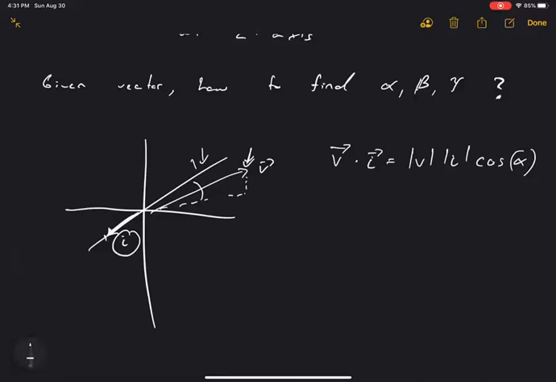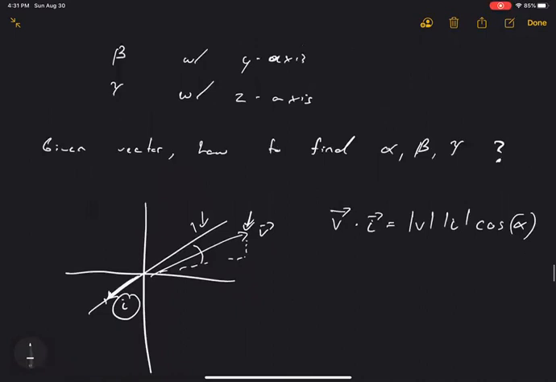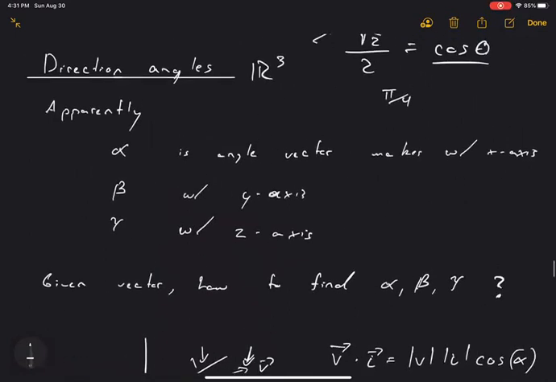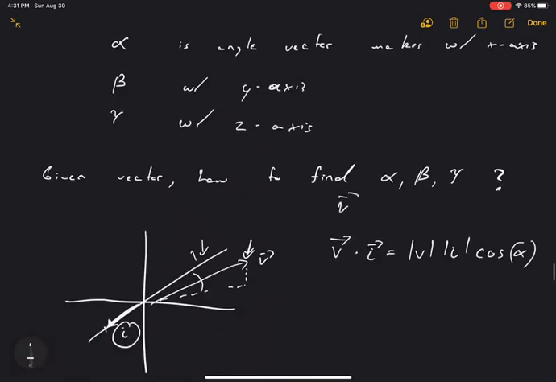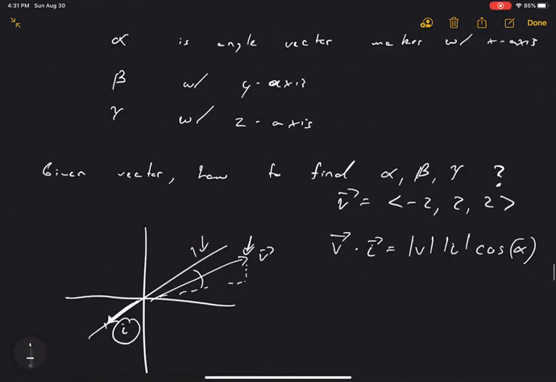So what is my v dot i? Well, let's be specific with v. Let's say v is equal to negative 2, 2, 2. Let's call it that.